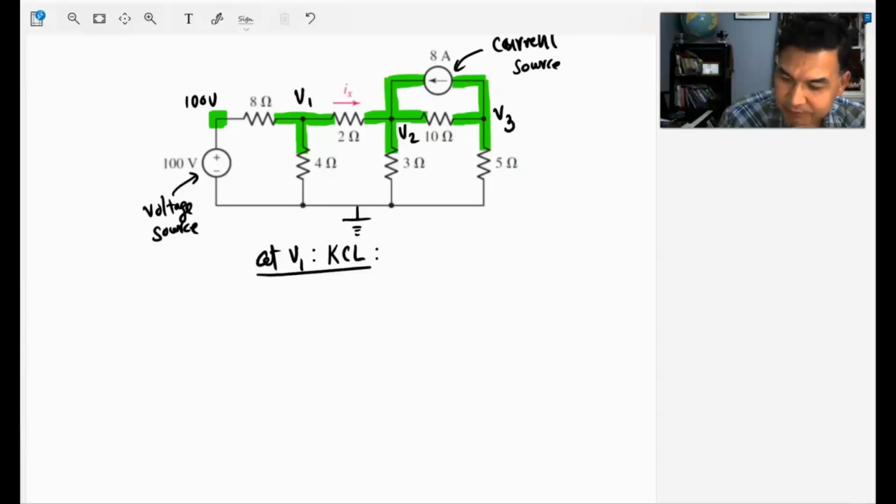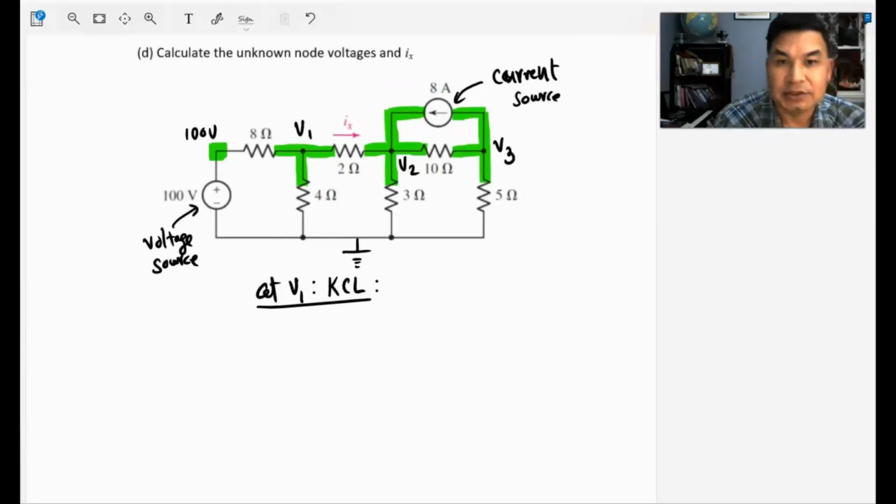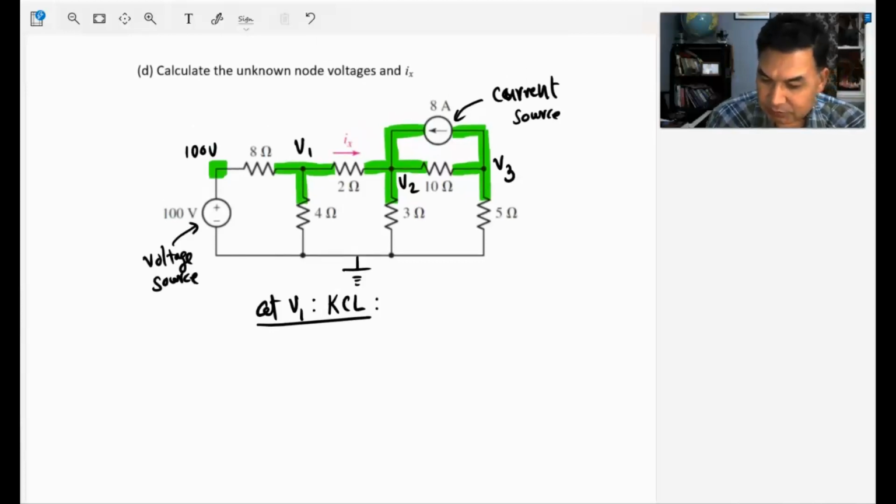The direction of the current is not given to you, so you can choose your own direction of current, and that's not a big deal. If the direction you choose is wrong, you will end up with negative current or negative voltage at the end. That's the main beauty of using Kirchhoff's laws.